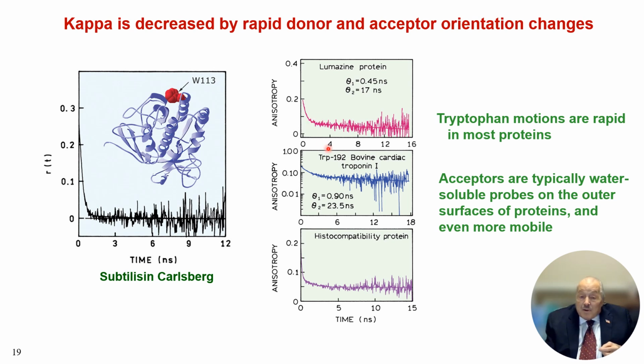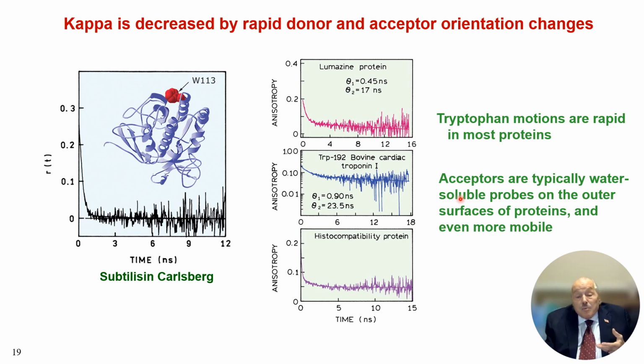The fast component is due to the segmental motions of the tryptophan residue, and then there's a slower motion which is due to overall rotational diffusion of the protein. But this very rapidly randomly just eliminates the effect of kappa squared.